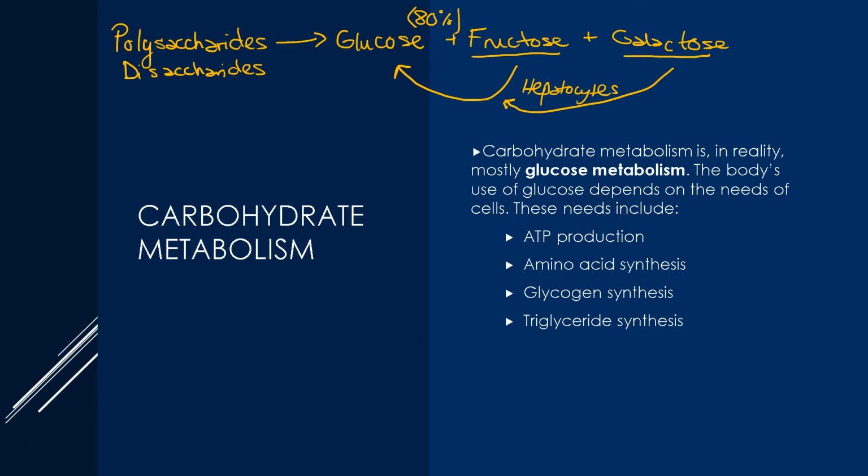So really, when we're talking about carbohydrate metabolism, it really is just glucose metabolism, because all of the monosaccharides are mostly going to be glucose anyway. So glucose is the body's preferred source for synthesizing ATP, and its use depends on the needs of body cells.